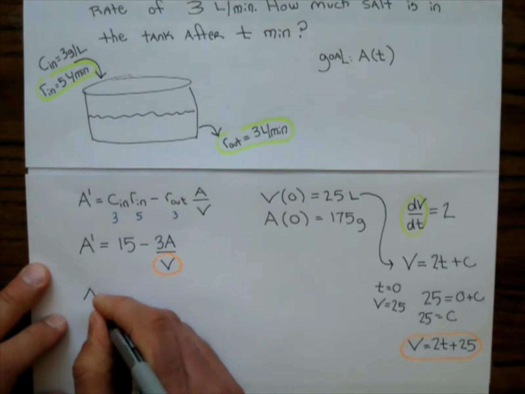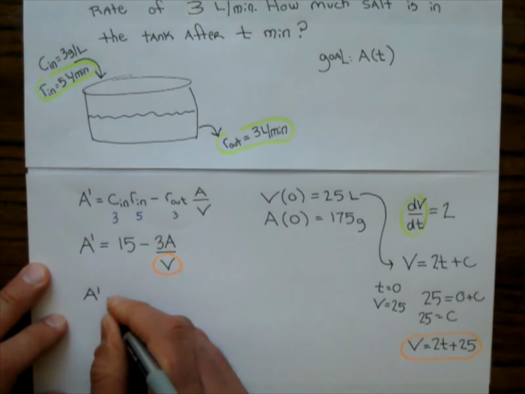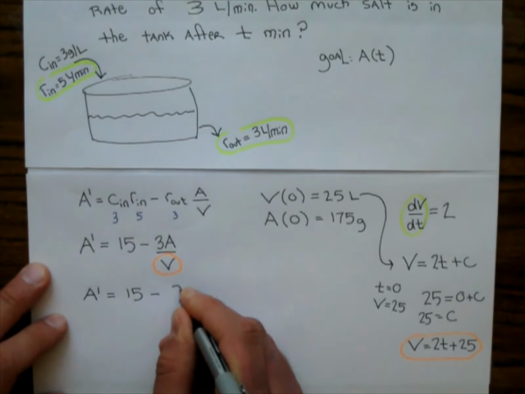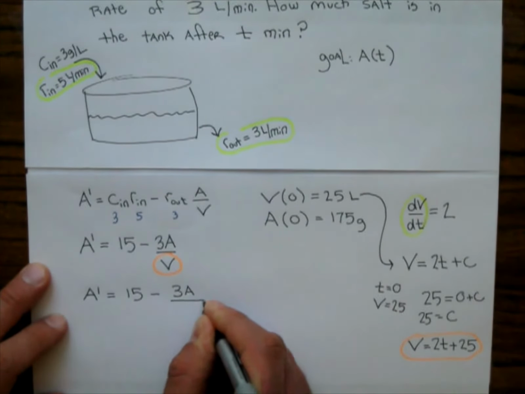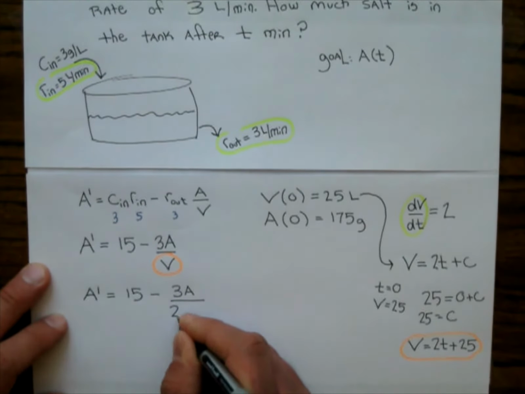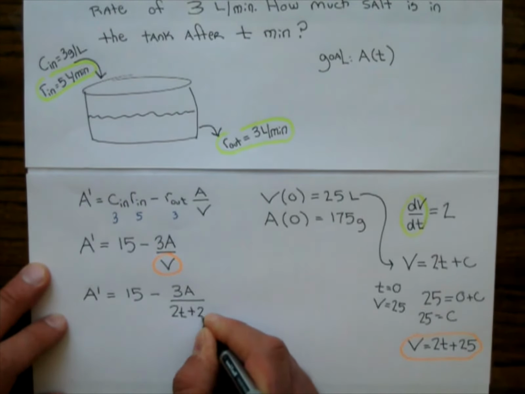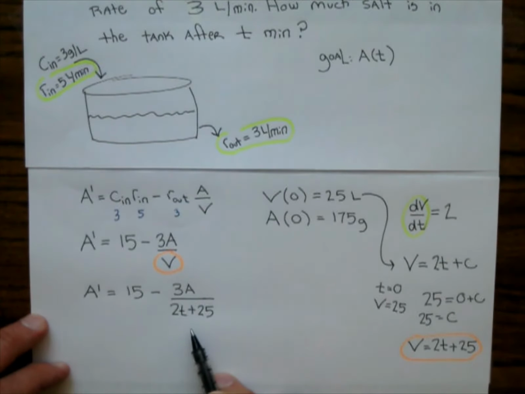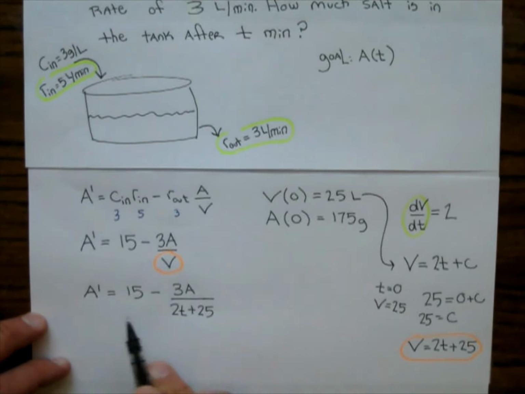So I have A prime equals 15 minus 3A all over 2t plus 25. So there is my differential equation. Playing the role of y is A, and playing the role of x is t.